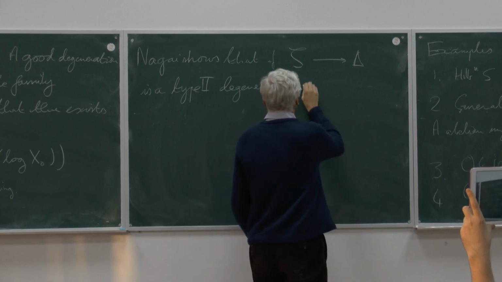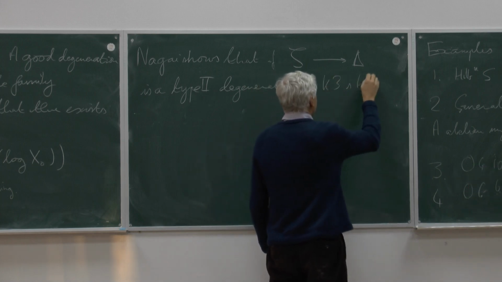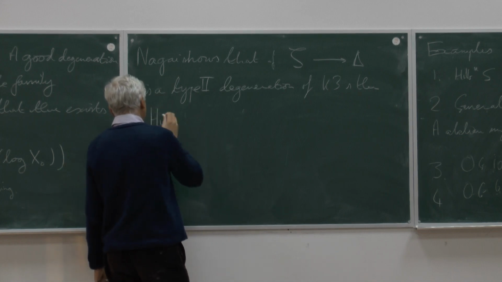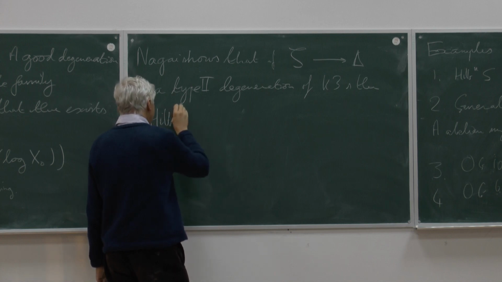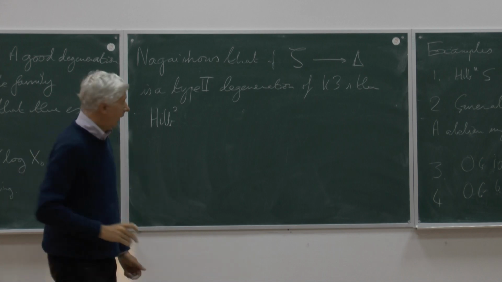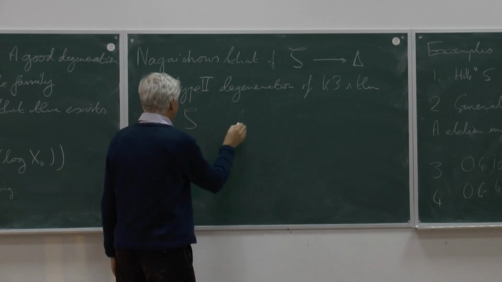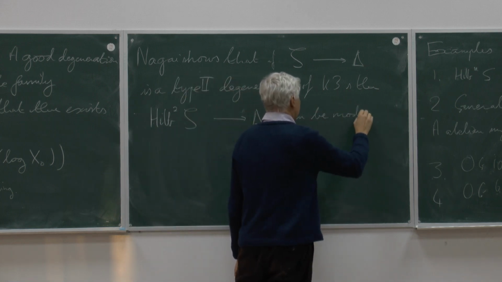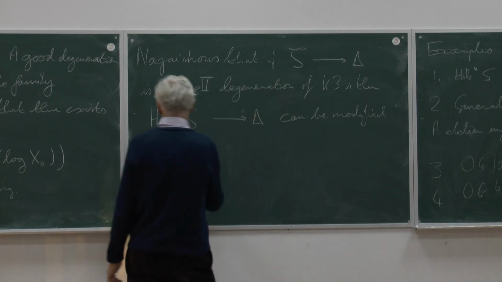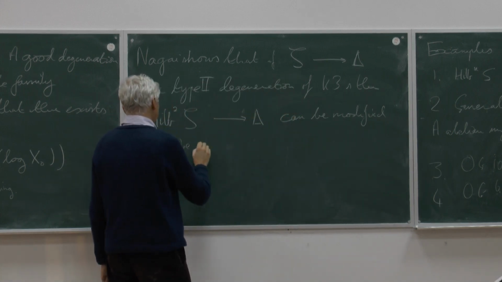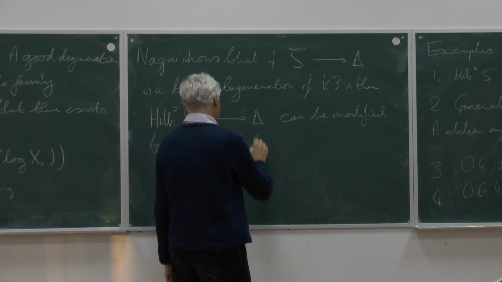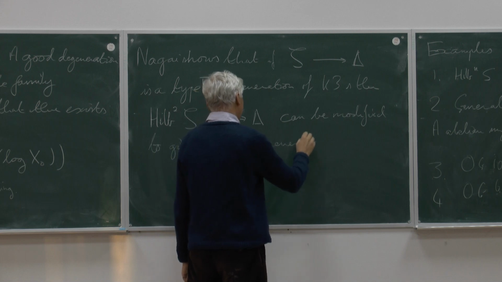Of K3s, then the relative Hilbert scheme, I'll just call it Hilb, I think he only does it for Hilb 2, of S over delta can be modified to give a good degeneration. So this is a very special case.